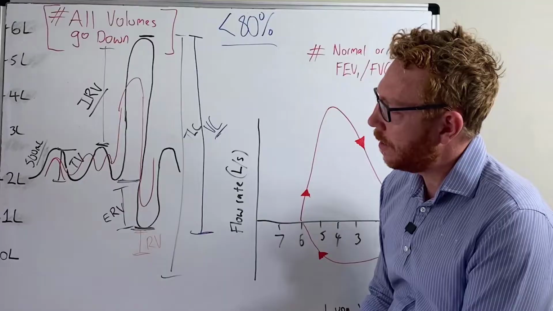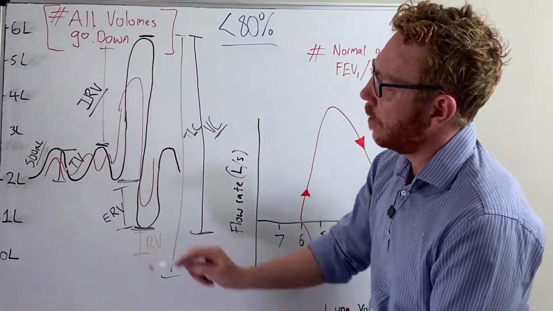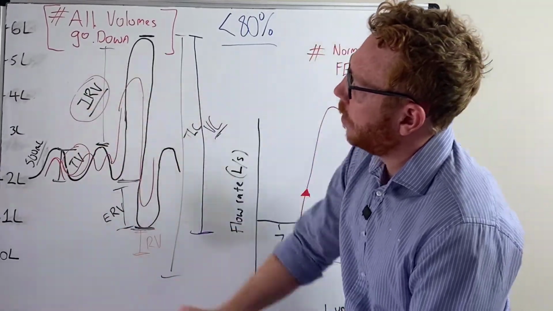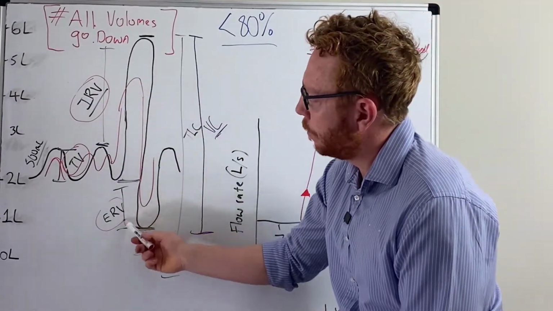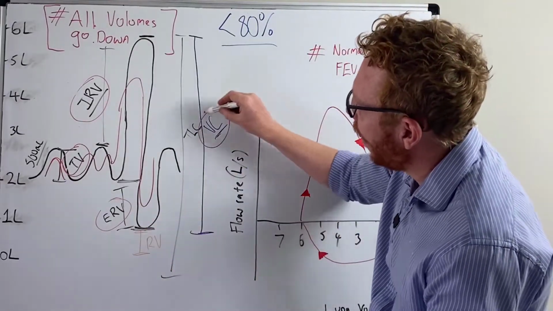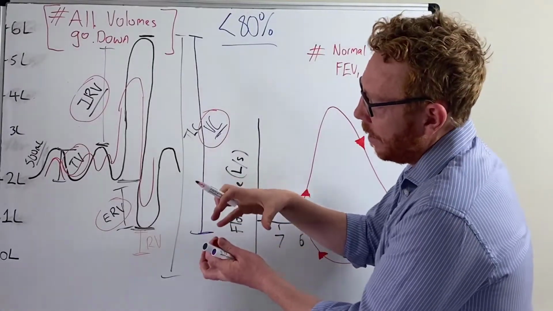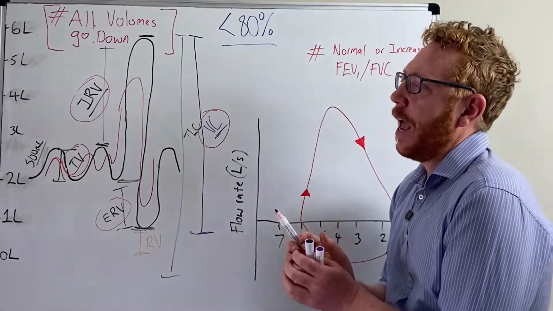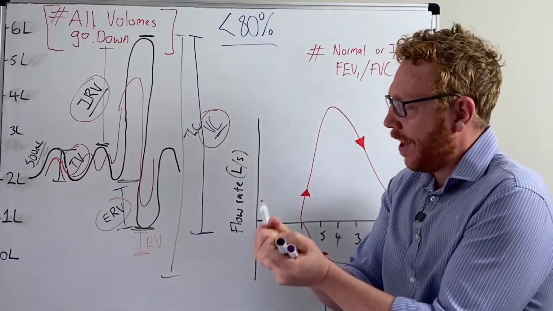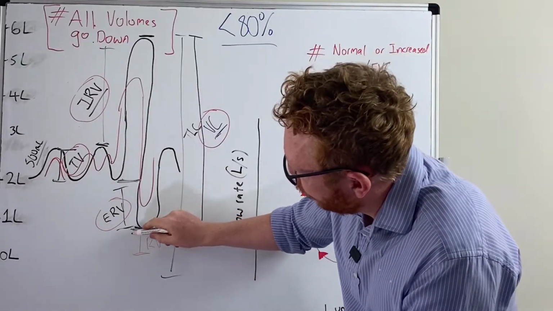And so in restrictive lung diseases, all volumes go down. Okay, so tidal volume is down. Inspiratory reserve volume is down. Expiratory reserve volume is down. That means vital capacity is down. Now, just to finish on that, because your lungs are so stiff and non-compliant, and they're actually pulling too much against the body wall, even the residual volume drops.